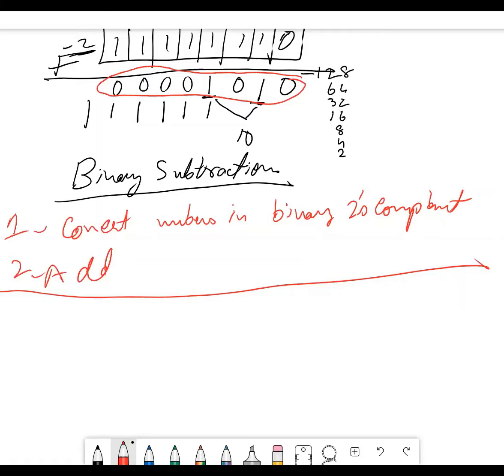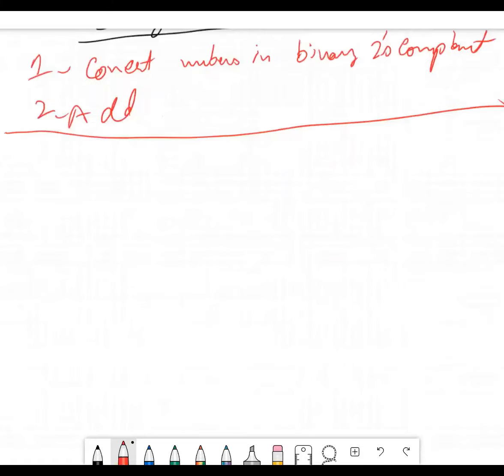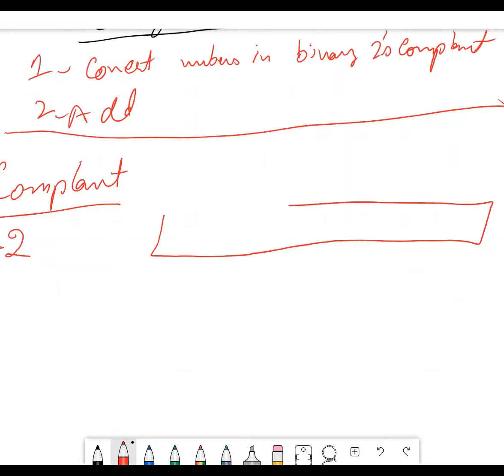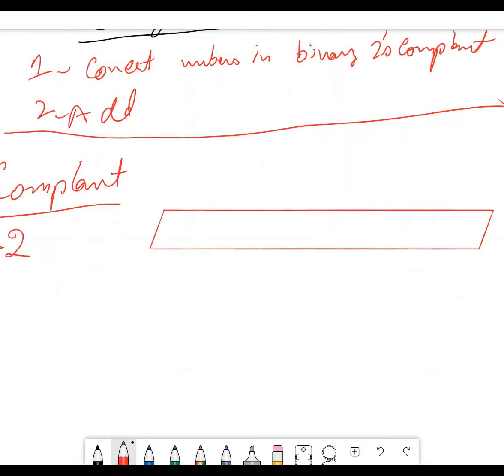Now let's come to the last method of 2's complement that I want to show you. If you want to convert a number into 2's complement, the third method is also very easy. Let's suppose you want to show minus 2 in 2's complement binary. The first step is very easy: 1, 2, 3, 4, 5, 6, 7, and 8 bits. Find the value of positive 2, which you understand is this.